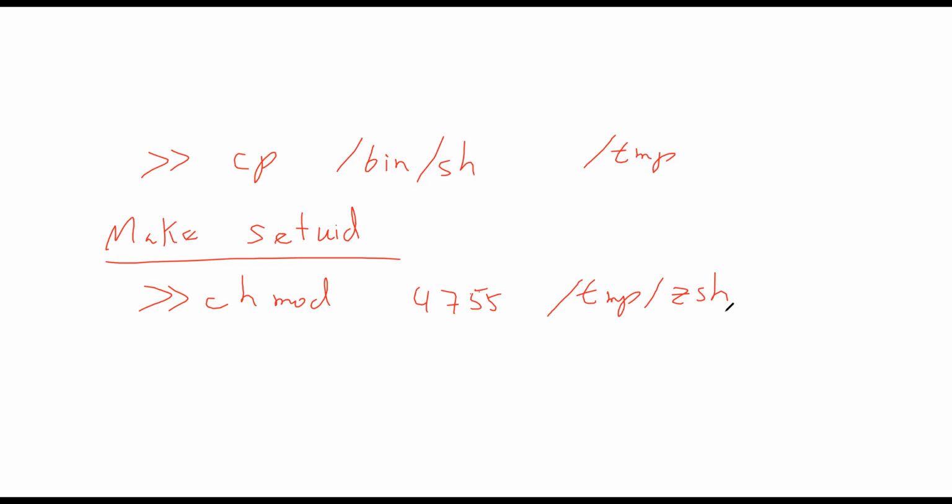You make it SetUID by typing chmod 4755. And now you have to check who the owner is, right? For you to gain root privileges, the owner needs to be root. Okay? That's the command for that.